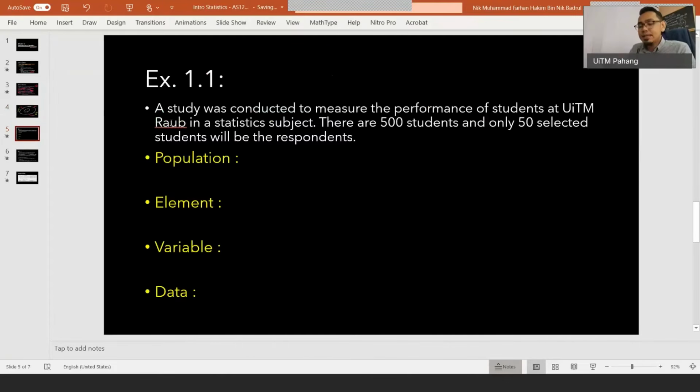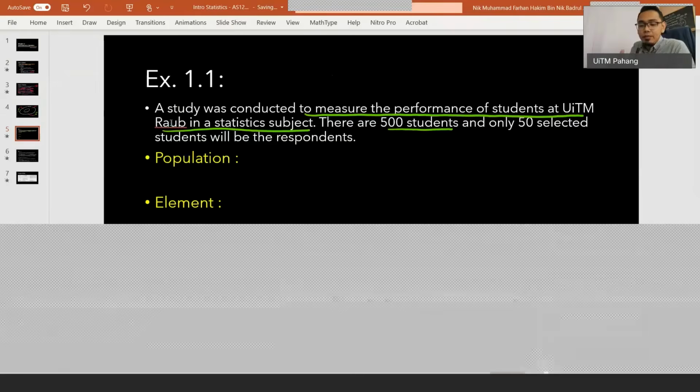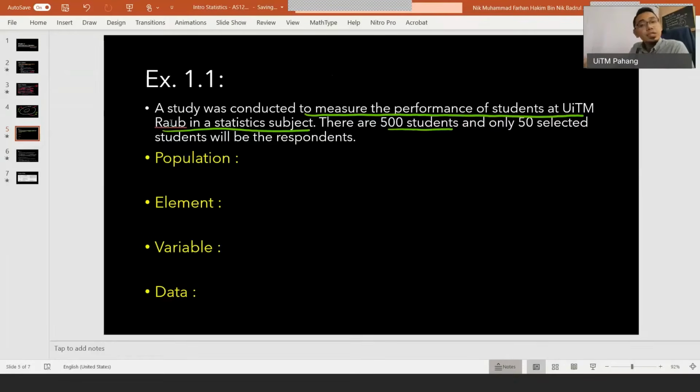A study was conducted to measure the performance of students at UiTM in a statistics subject. That one we call the objective, to measure the performance of students. So in this case, there are 500 students in UiTM and only 50 students selected to be the respondents. So what is the population? Of course, all these 500 students at UiTM Rau.